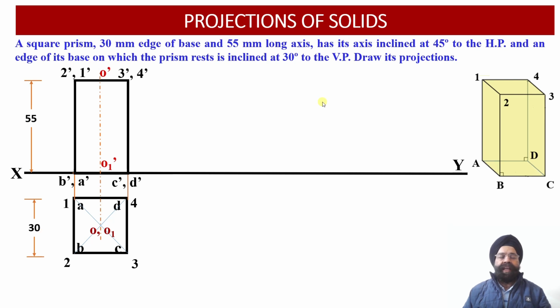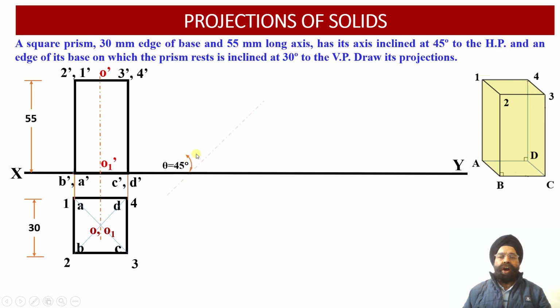Now, having obtained the orthographic projections of the square prism which is resting on the ground on its base, we know that the axis of the square prism is inclined at an angle of 45 degree with respect to the horizontal plane.